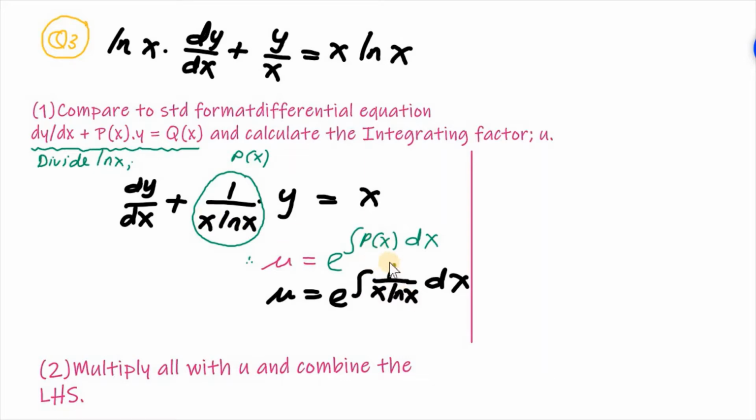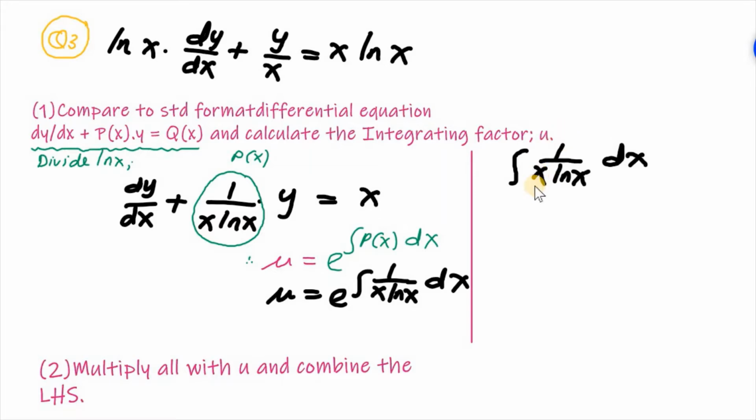So let's replace. Here we have p being 1 over x ln x, so the integral of 1 over x ln x dx. We need to solve this integration. Help me. How do we solve this integral? What method is appropriate?